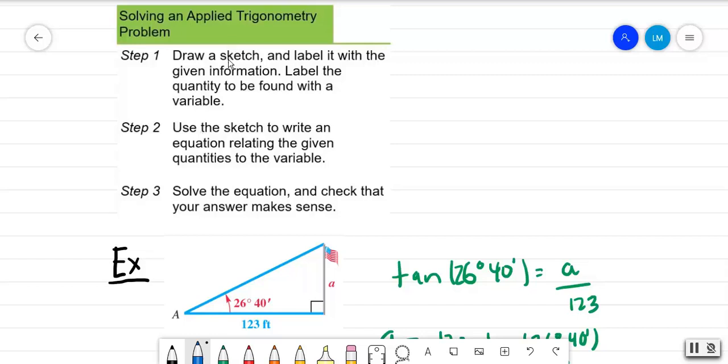So be sure that you read through this a couple times and that you have an idea, because this is how you should be able to solve a question as it relates to exam questions or quizzes and things like that, or even on the final.